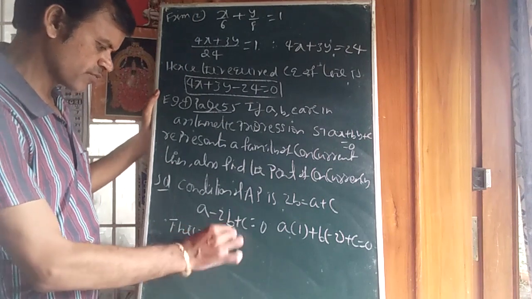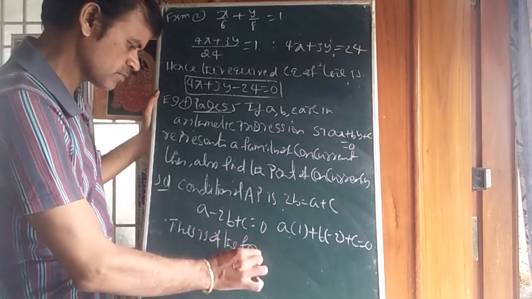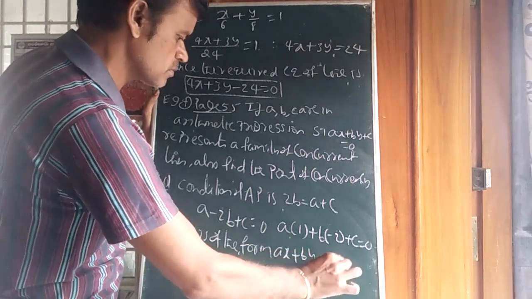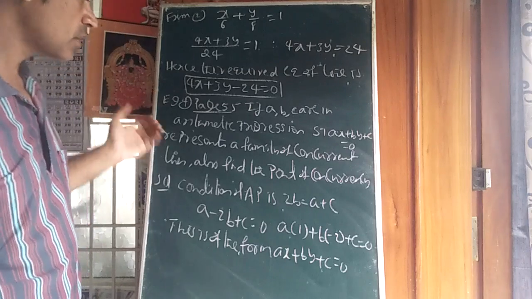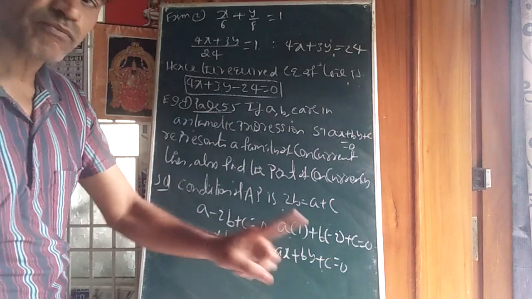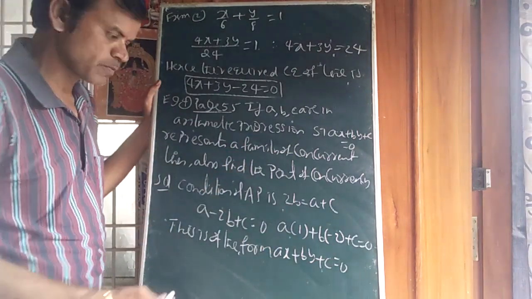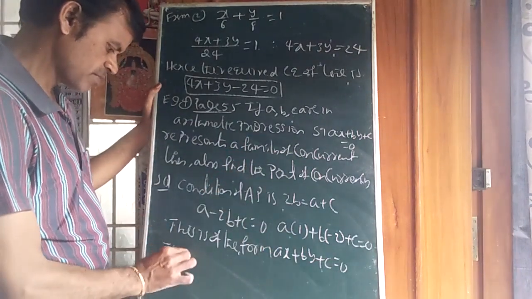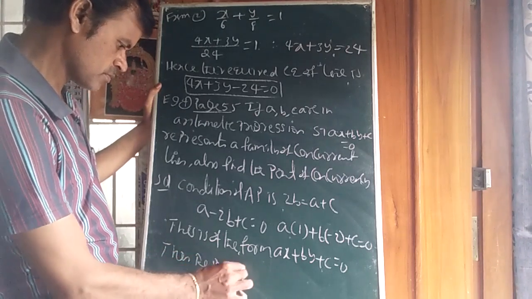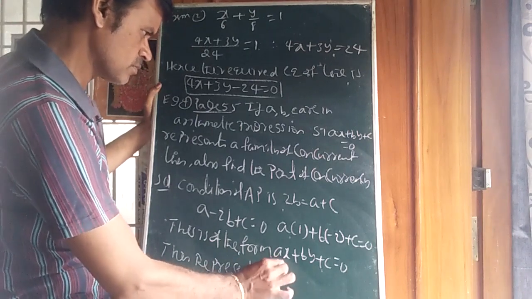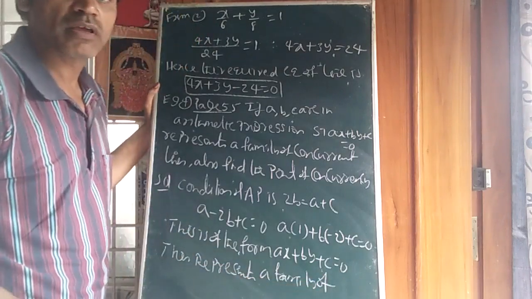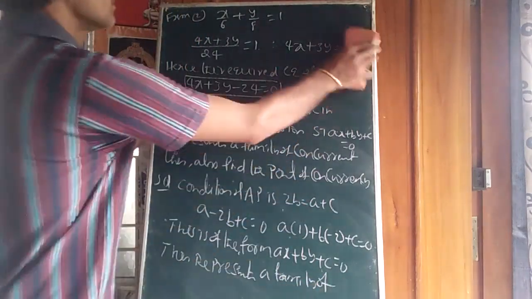This is of the form ax + by + c = 0. Therefore, if a, b, c are in AP, this represents a family of straight lines passing through a fixed point (1, -2). This is a family of concurrent lines.